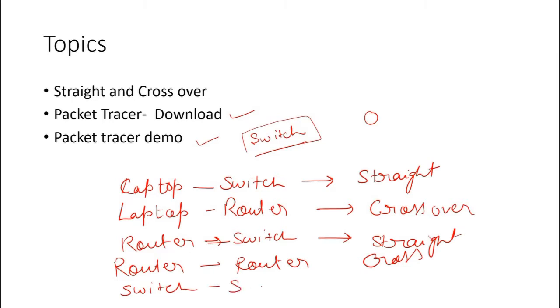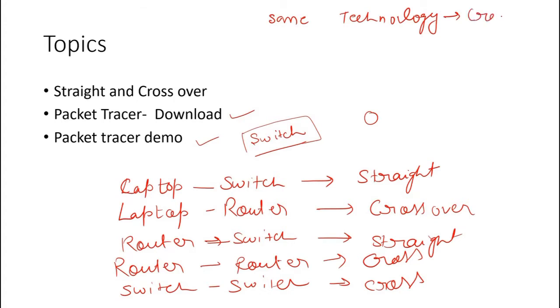So it is very difficult to remember, right? How will we remember where to use cross and where to use straight? It's very simple: whenever we have the same technology, then we use a crossover cable. Same technology means router to router, or switch to switch, or PC to PC.